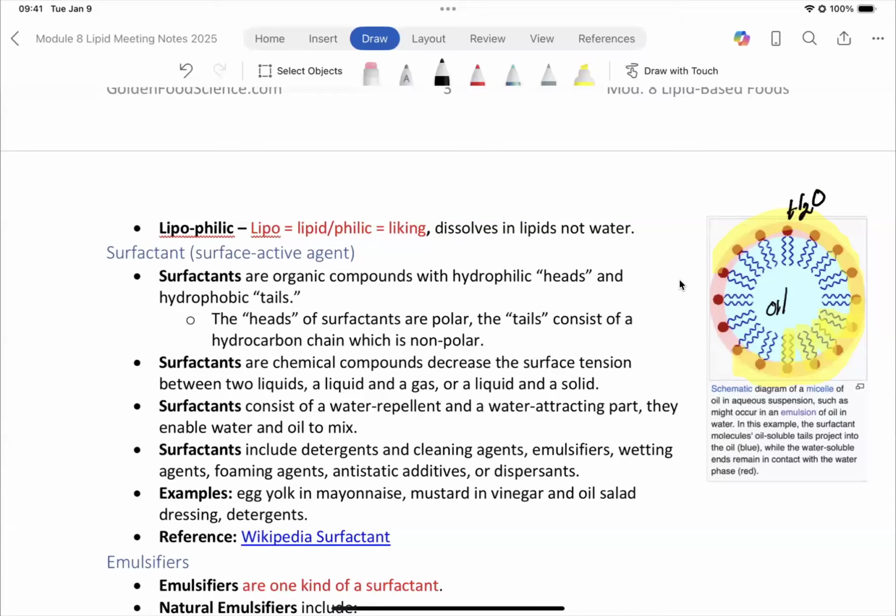The emulsifier has one side that is water soluble and one side that's fat soluble, so it makes a coating in between that coats the droplet. In this pen, this is the tails. This is a diglyceride. Here's the tails right here, and the red dots are the water soluble part.